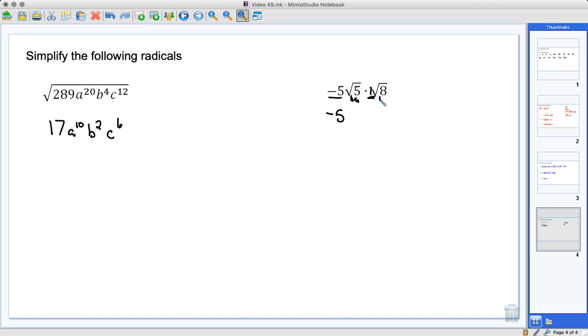And then we're going to multiply our square roots, so square root of 40. Find a perfect square that goes into 40. So we get negative 5 times the square root of 4 times the square root of 10. So negative 5 times 2 times the square root of 10. And negative 5 times 2 is negative 10.